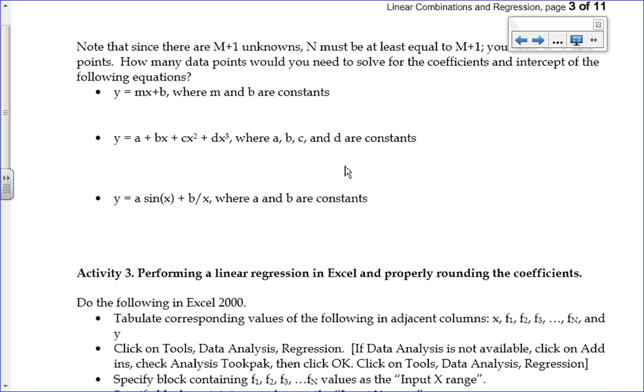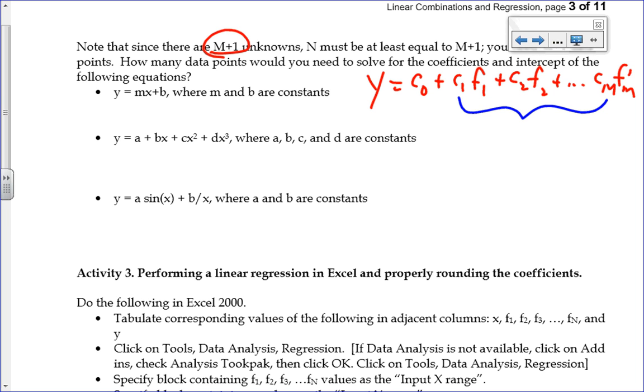So if your equation has m plus 1 unknowns, let's say your y is c0 plus c1 f1 plus c2 f2 and so on up to cm fm, you have 1 through m, that's m unknowns, plus 1, the c naught. So you have m plus 1 unknowns. So the number of data points that you need must be greater than or equal to m plus 1.